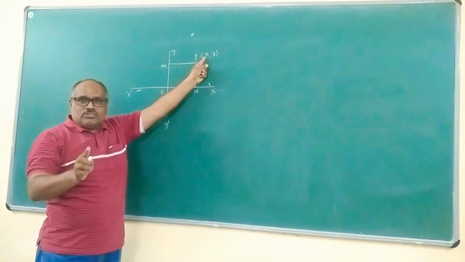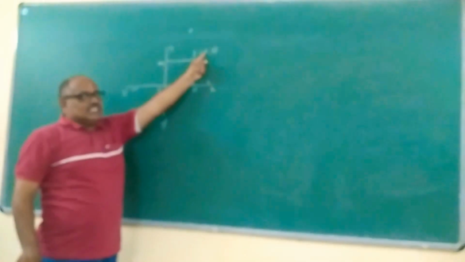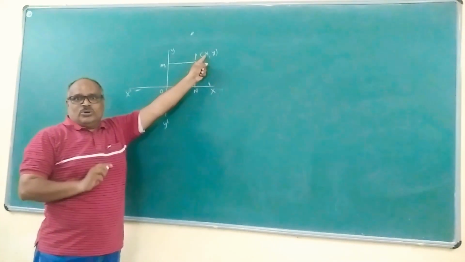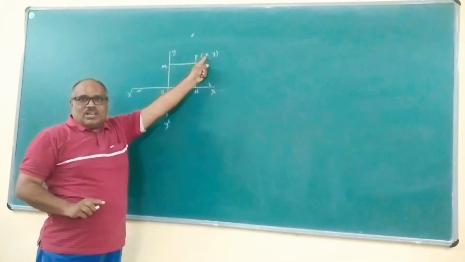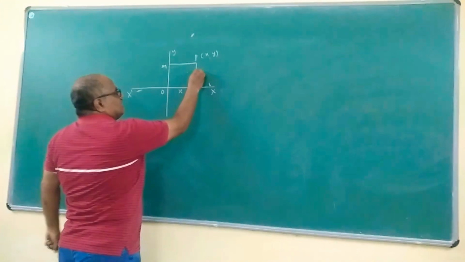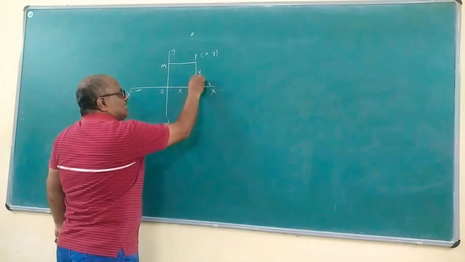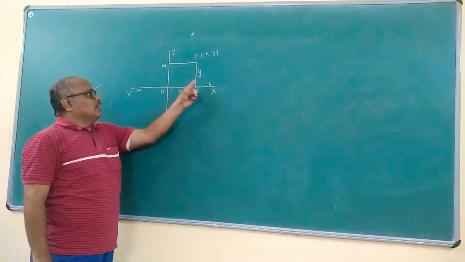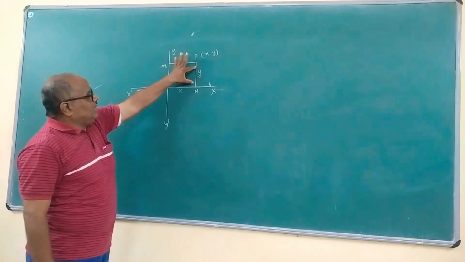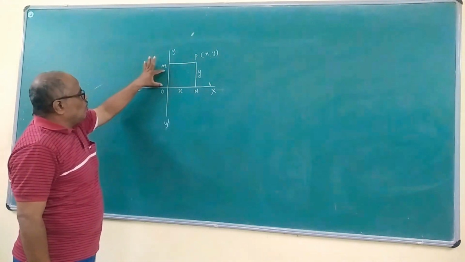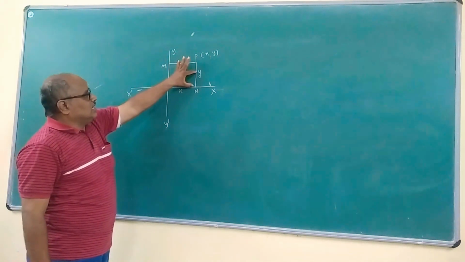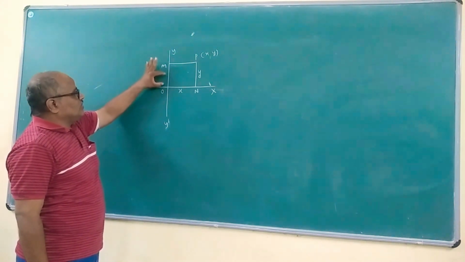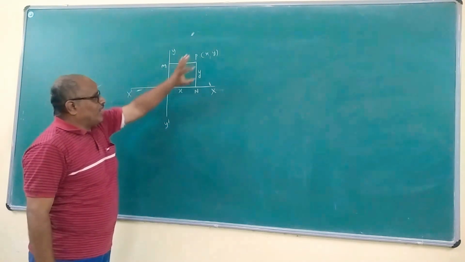But according to the distance, x should be equal to the distance from the y-axis. Say this is y. Look here. PM is nothing but OM. What does OM represent? Y.